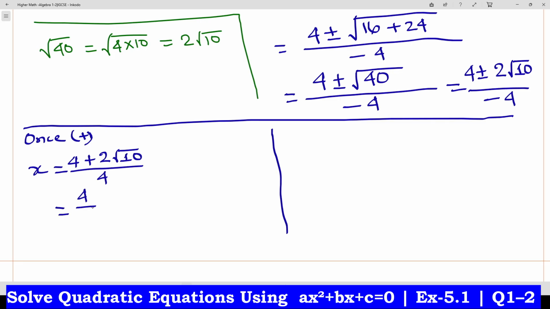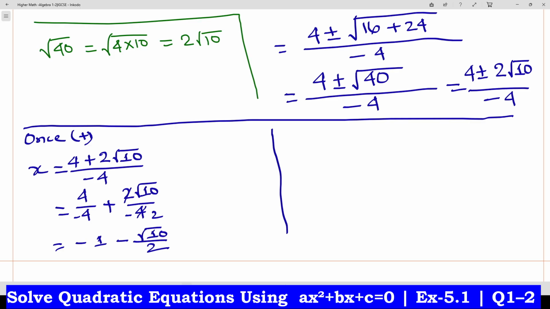So we can write 4 by minus 4 plus 2 root 10 by minus 4. So 4 by minus 4 it will be minus 1, and then minus 2 root 10 divided by 4 is root 10 by 2. It's the first part.